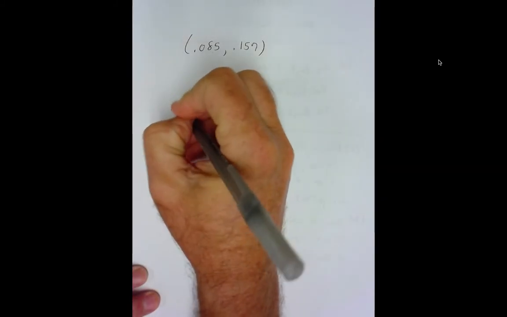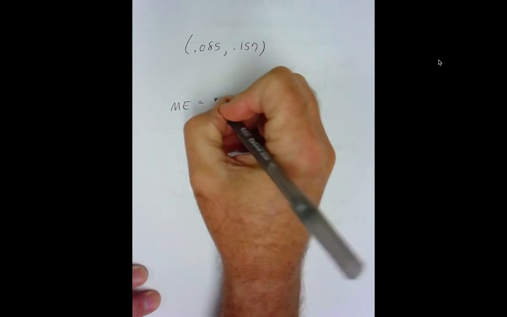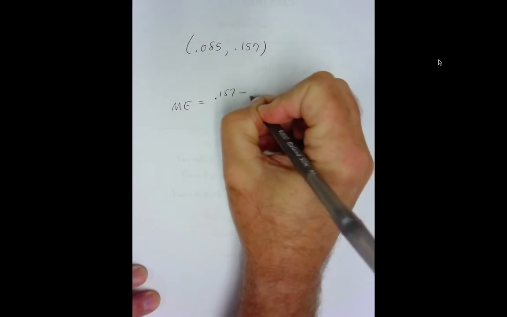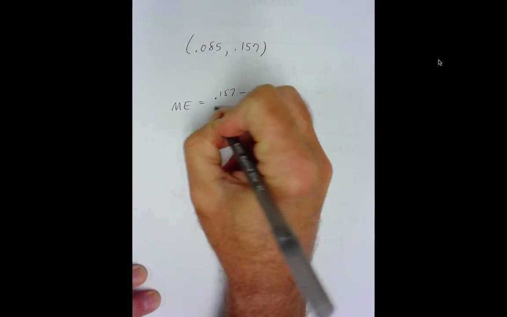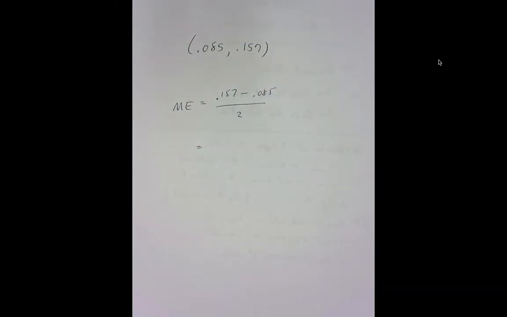So the margin of error here is just the big number minus the small number, divided by 2. This is not a proportion problem. But it looks like one, doesn't it? But it's not the way it works.